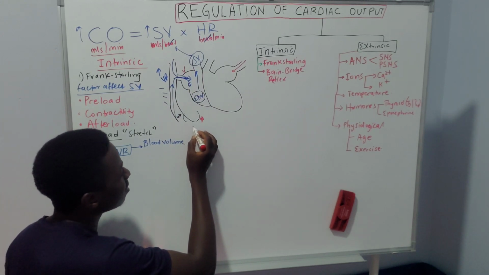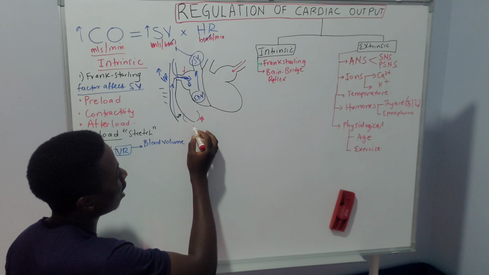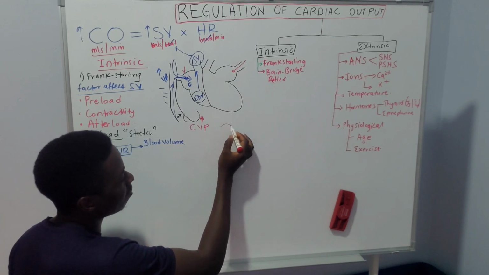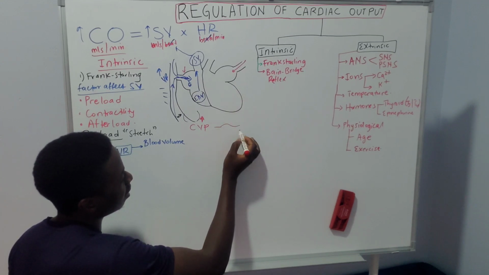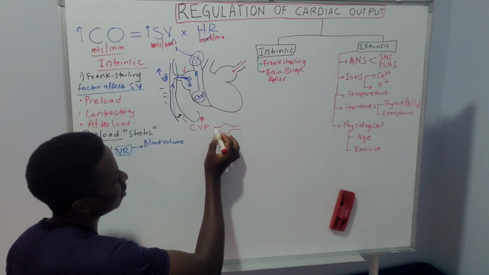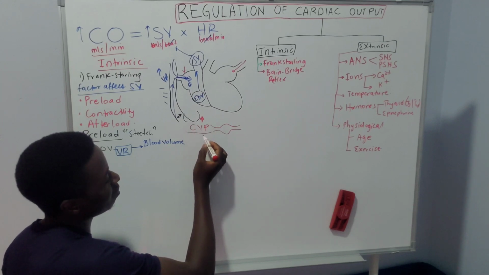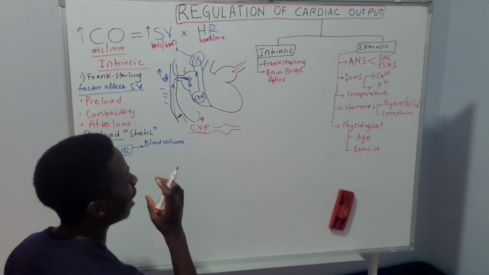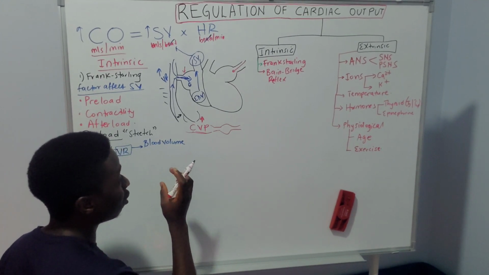So from the venous system, where we have what we call the central venous pressure, okay? Within, we have the arterial, the capillary, okay? And then we get the venules and then the venous system. So the central venous pressure is literally determined so much by the blood volume.